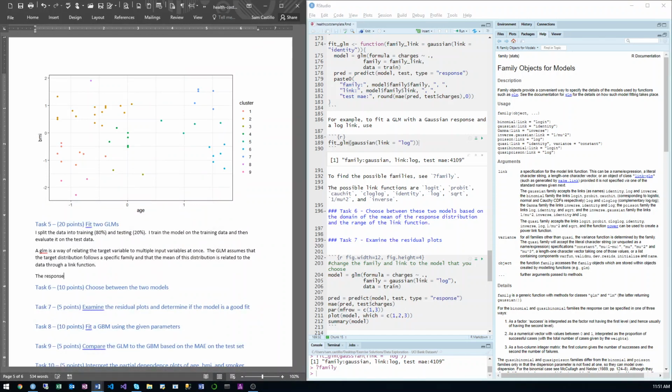The response, though, claims is continuous. And so we can rule out the binomial or Poisson distributions, right? So we have to test Gaussian, gamma, and inverse Gaussian, and I'm also not going to test the quasi distributions. Okay, so let's just do that.